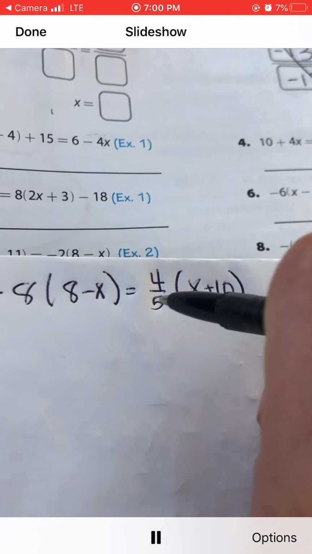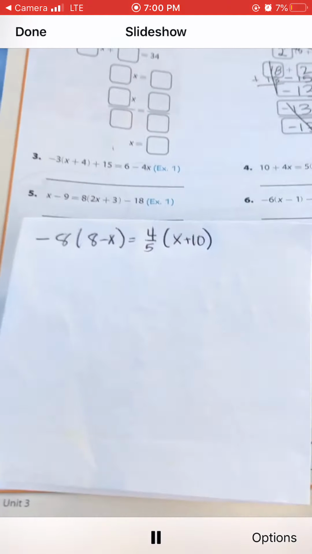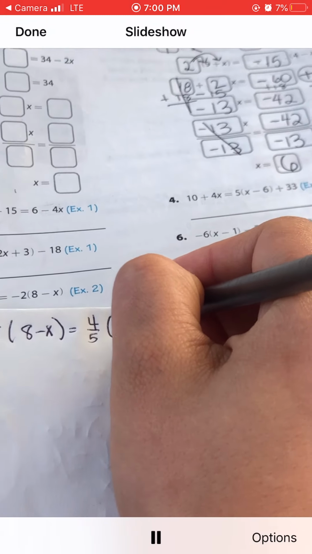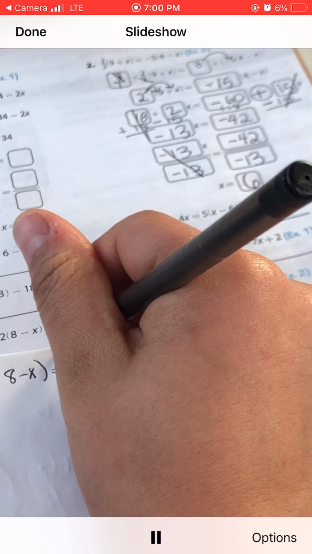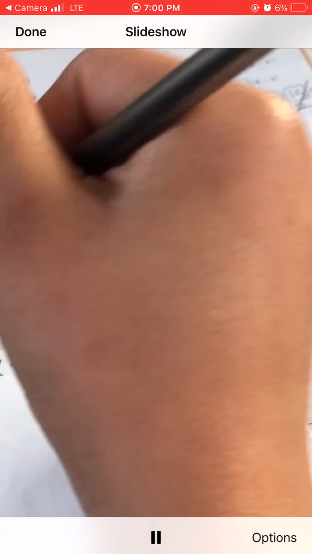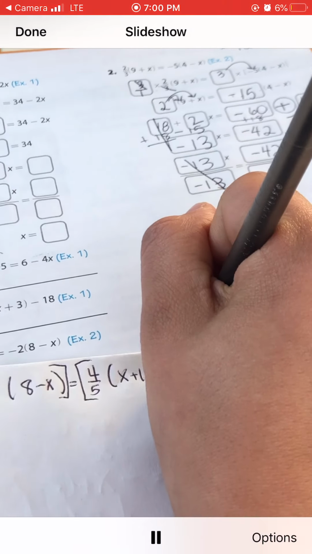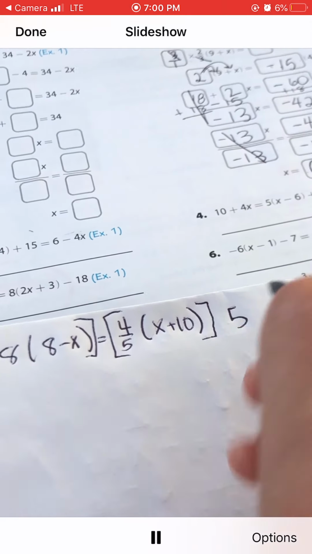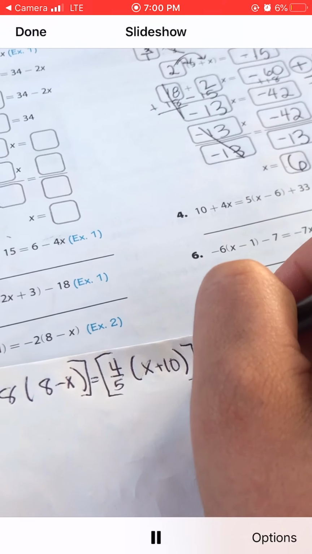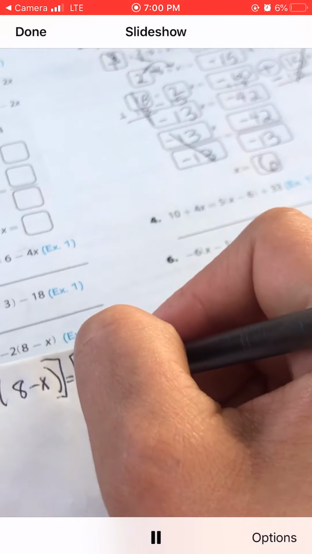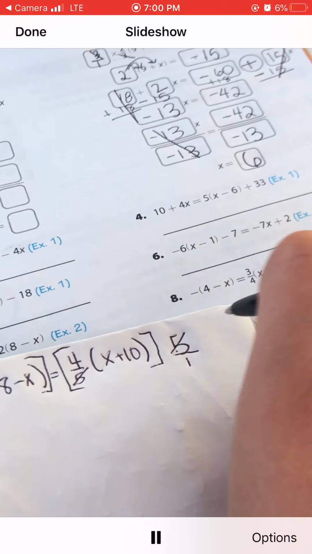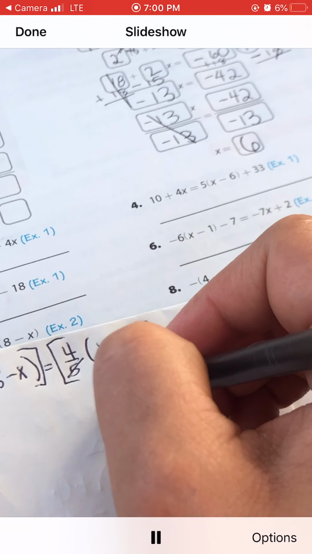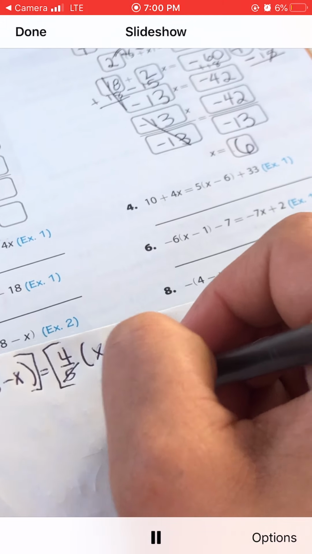So here we have a fraction, and the best way to get rid of our fraction is by multiplying. I'm going to multiply this and this by 5. When I multiply by 5, or 5 over 1, for example, this cancels out. Because you're basically doing 4 over 5 times 5 over 1.